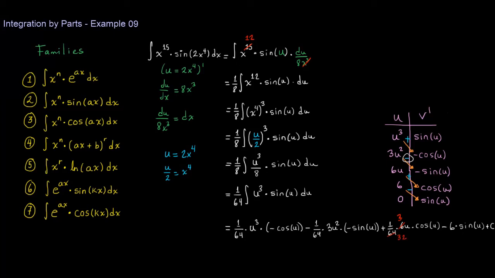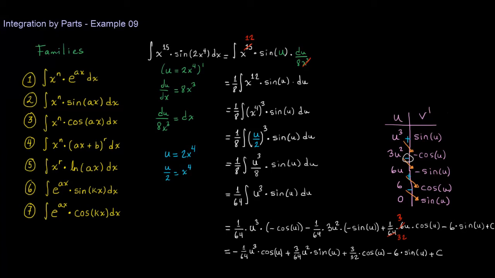And I believe that's pretty much it. Now I'm going to copy this in a cleaner way in the next row. There it is, copied and simplified, considering the signs.